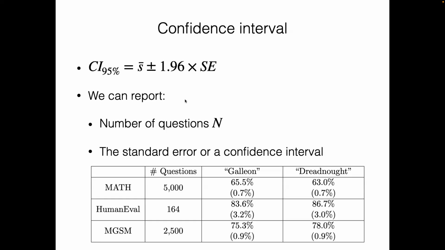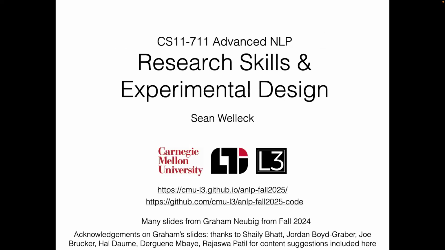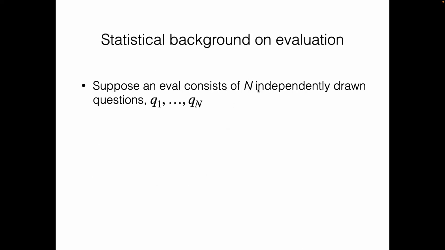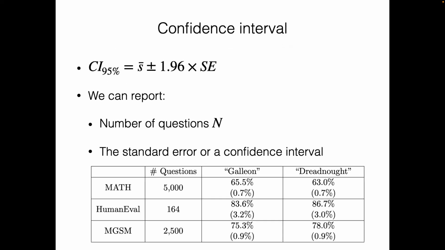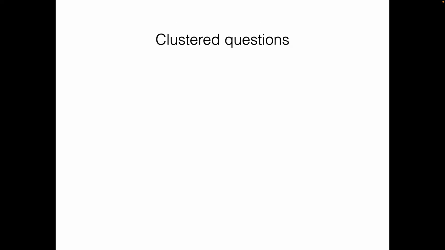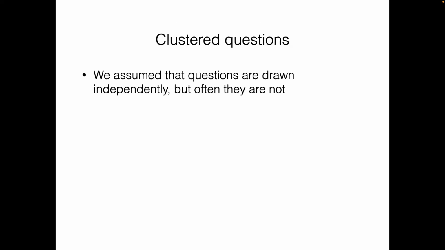Okay, so what I've presented to you so far, written kind of quickly, assumed that these questions were independently drawn from this distribution. So what you could try to do is account for the dependence that is in a data set like this and come up with a different estimate of the standard error.